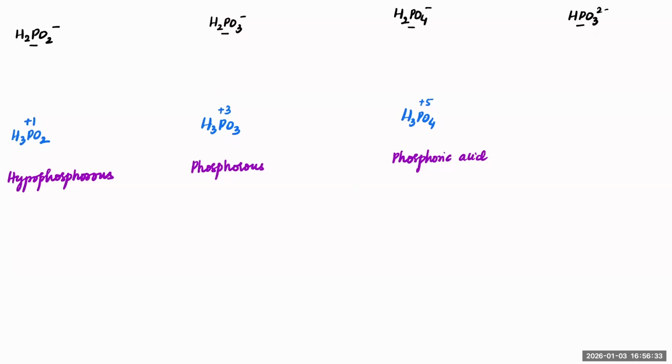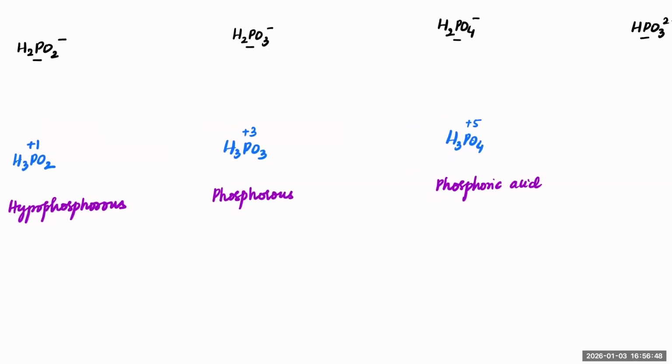Now, the minute you remove one hydrogen, this will become H2PO2 minus, hypophosphite. But there are extra two hydrogens. That's why we have to name that as well. So what do we name it here? Dihydrogen hypophosphite.